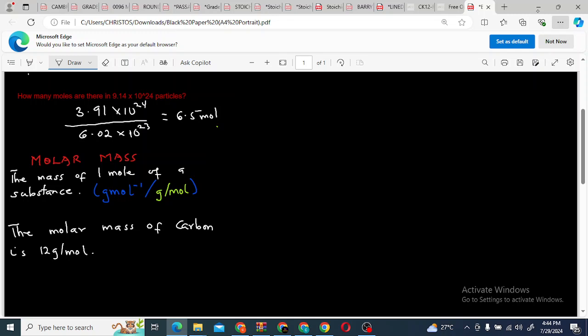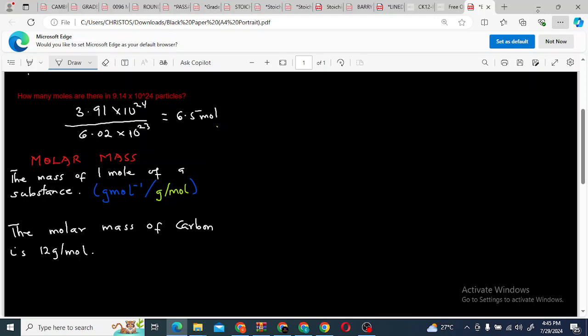The molar mass of carbon is 12 grams per mole. I simply want to say that every 1 mole of carbon weighs a mass of 12 grams. The simple language I want to communicate is that every 1 mole of carbon weighs 12 grams. Make sense?